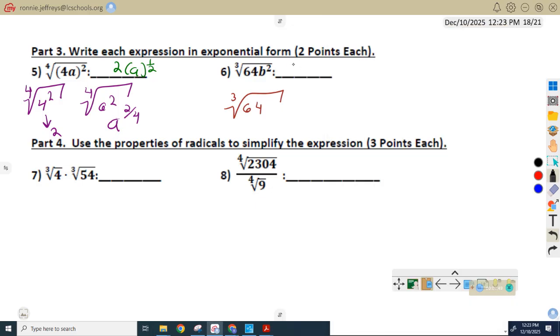Alright, so this gives me 4. And then b to 2 over 3.